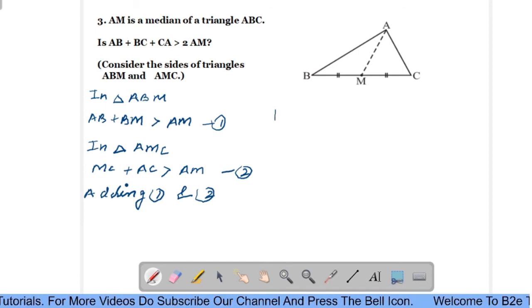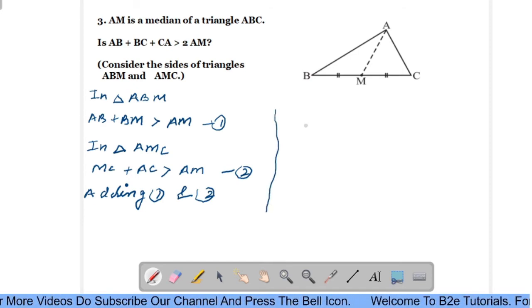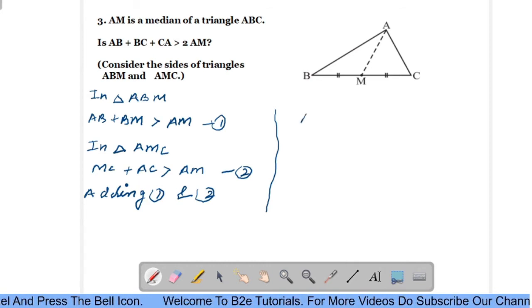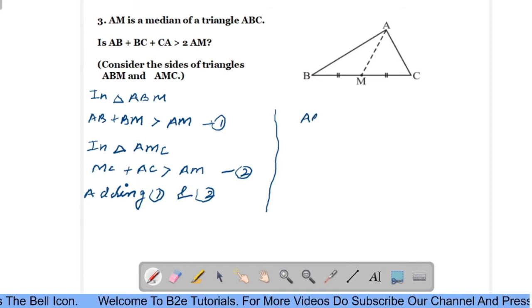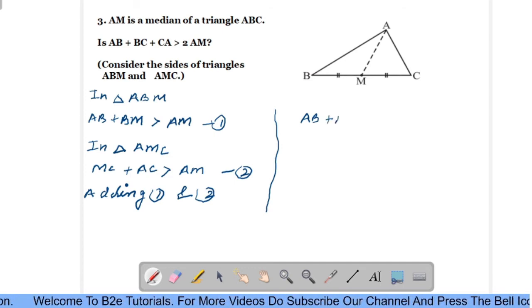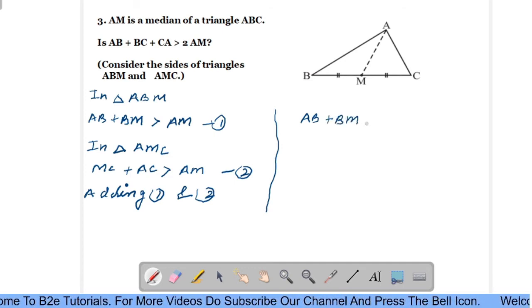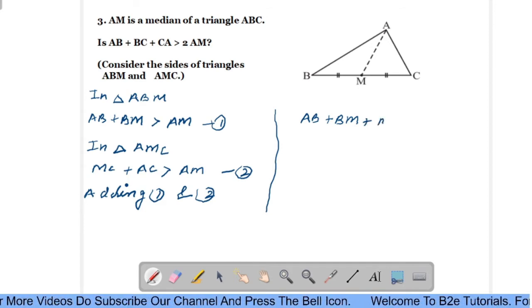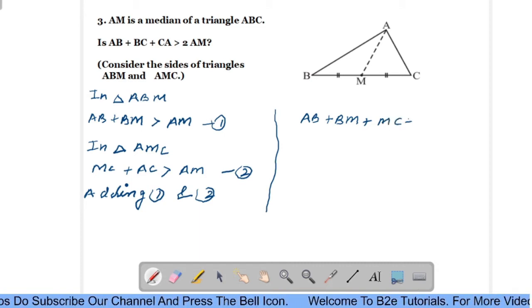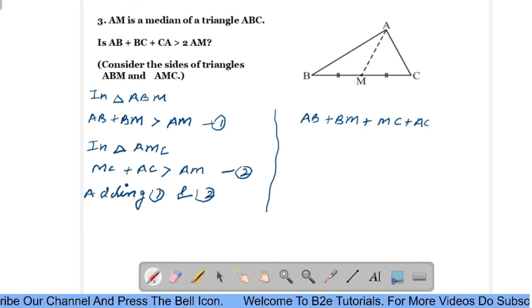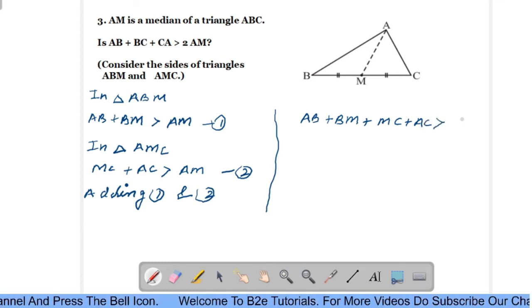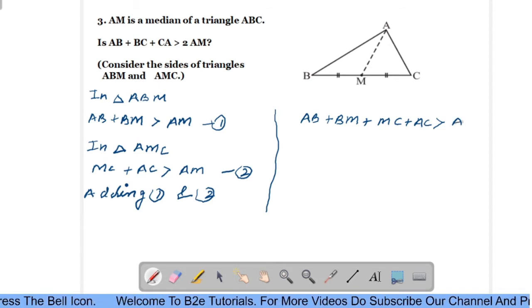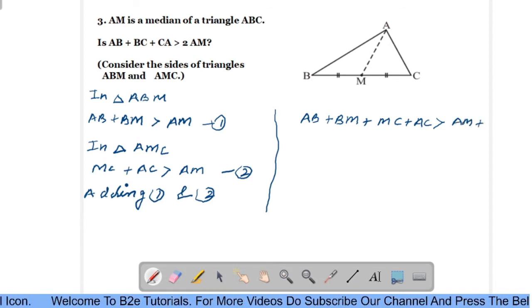What will you get? Add left hand side with left hand side and right hand side with right hand side. Here left hand side of first equation is AB plus BM and left hand side of second equation is MC plus AC, which is greater than the right hand side, that is AM plus AM.